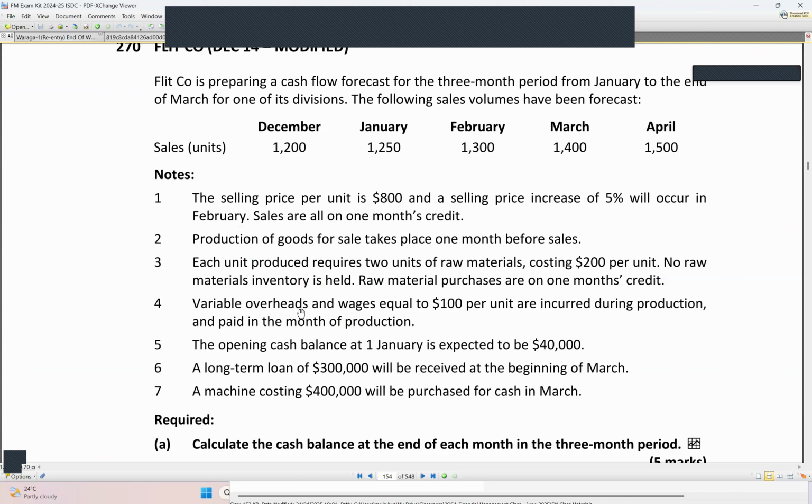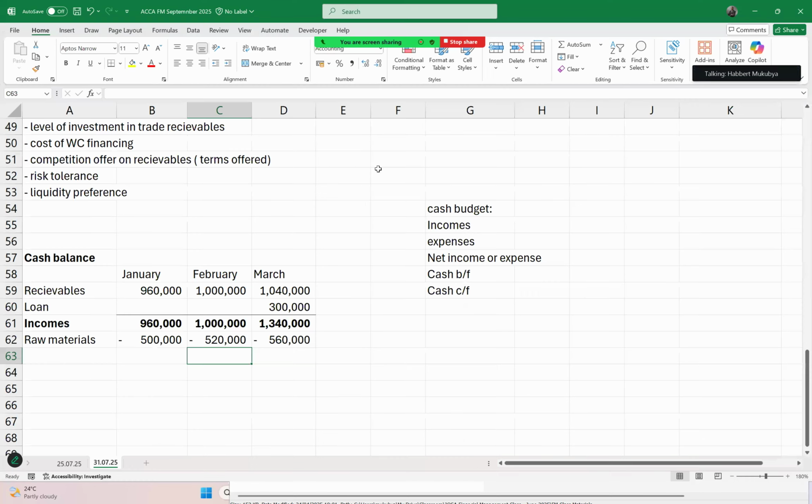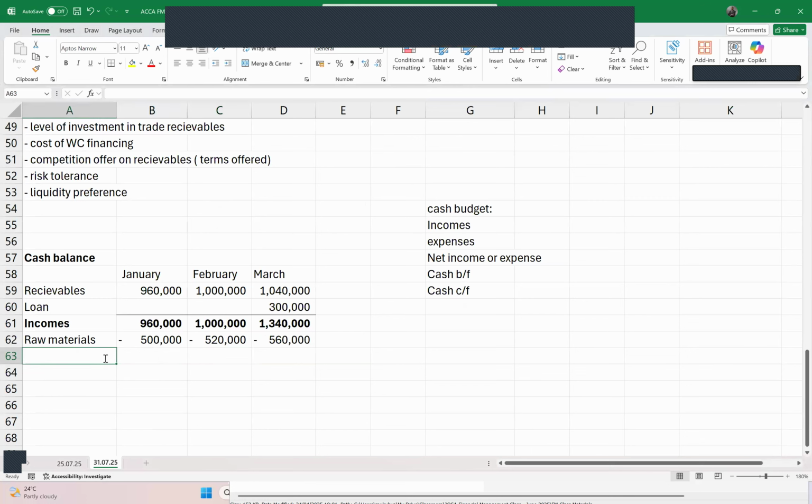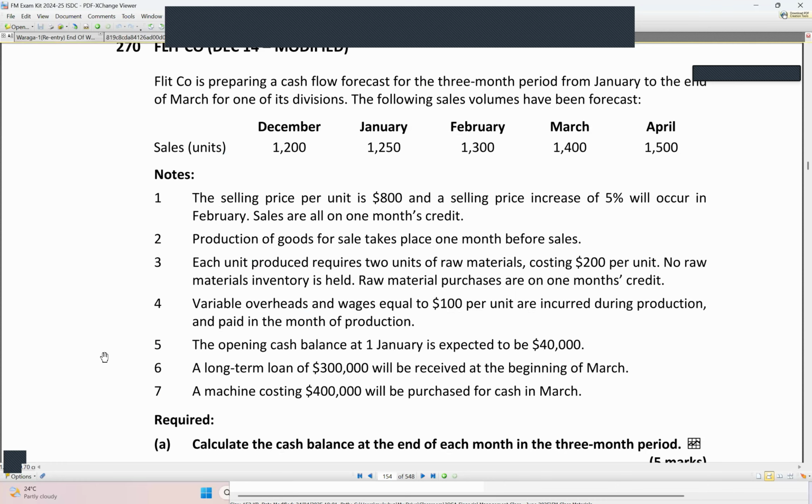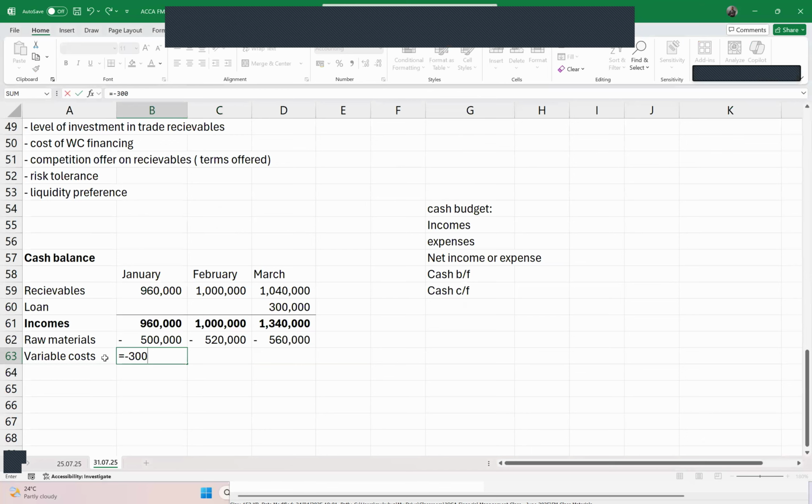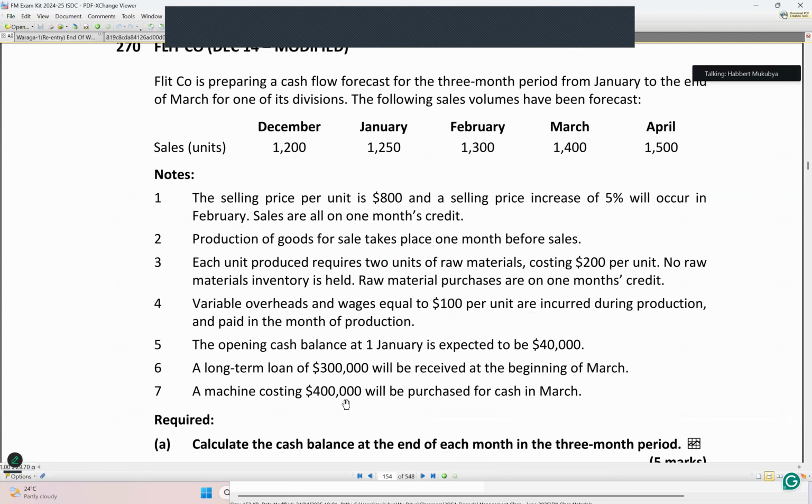Then variable overheads are 110 per unit, and they are incurred during production and paid in the month of production. So now these ones are paid in the same month of production, which means that the ones of January would have been paid in December. So the ones of February will be paid in January. So you need to be very careful with the way they are listing these ones. So February is 1,300 multiplied by 100.